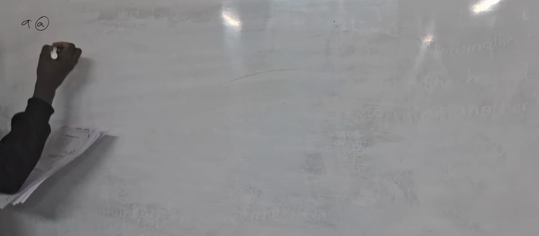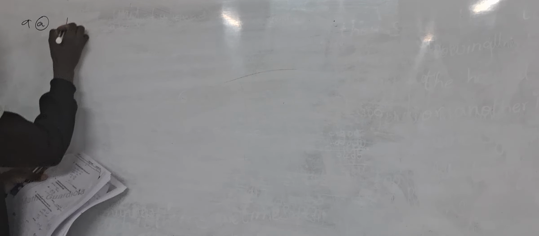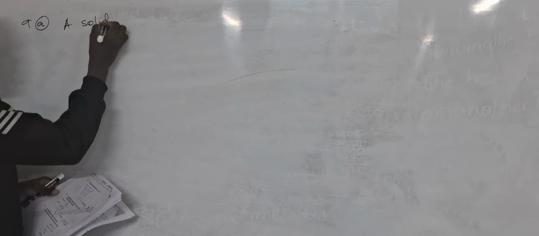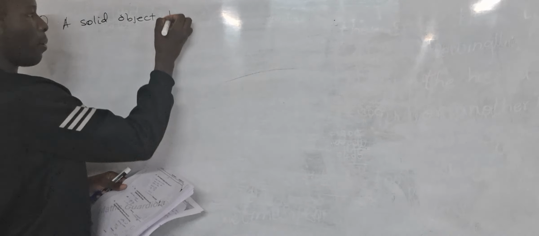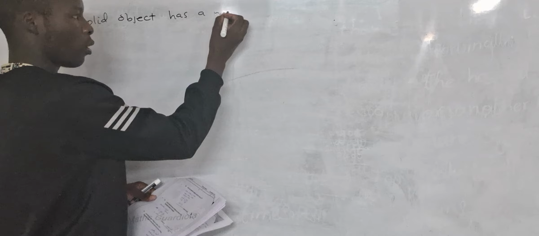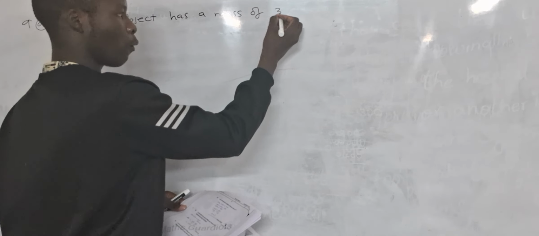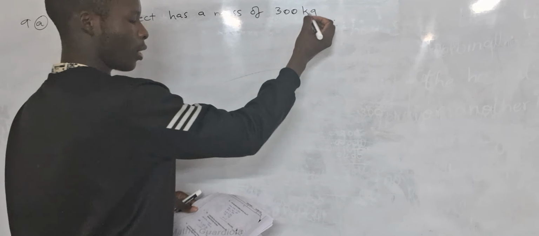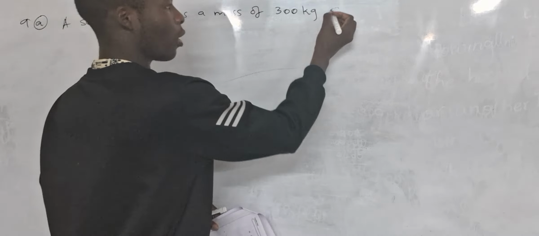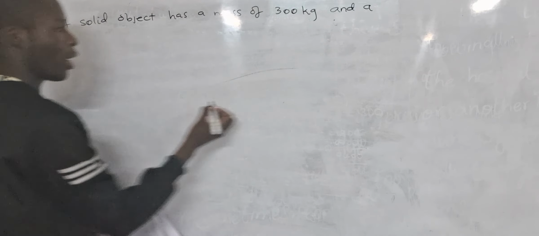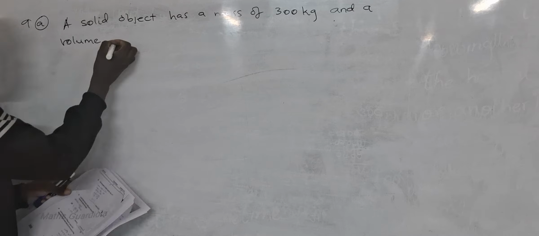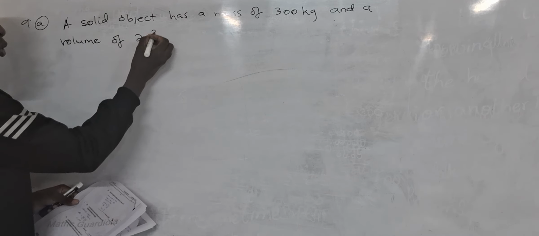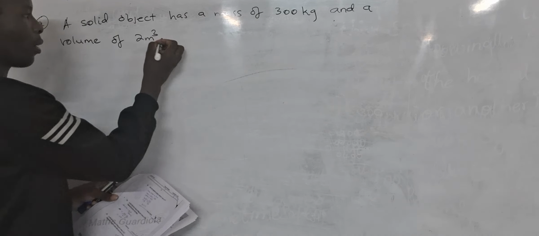A solid object has a mass of 300 kilograms and a volume of 2 cubic meter.